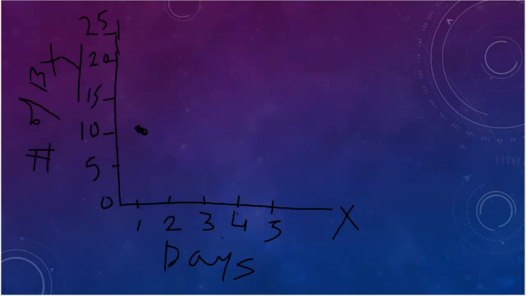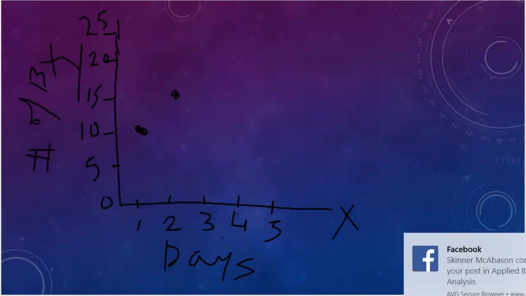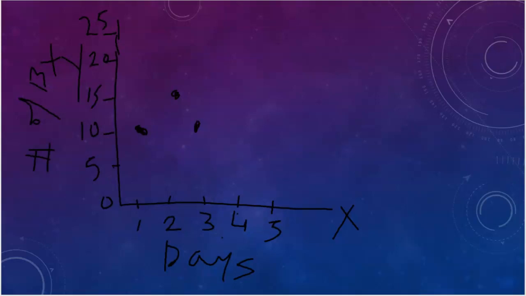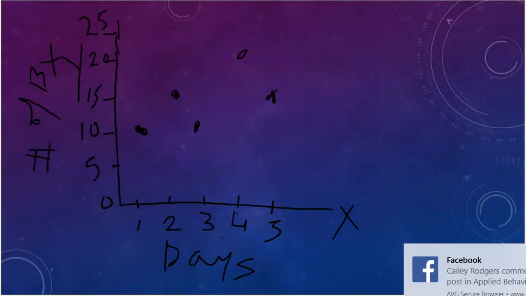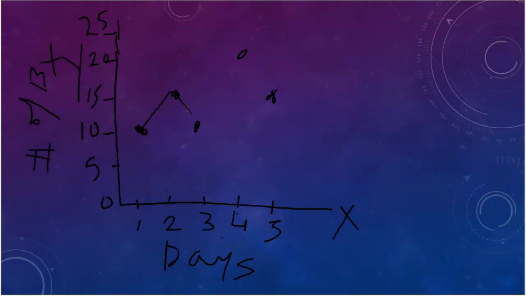And then day 2, you measured and it's 15 times. Day 3 is 10, day 4 maybe going up to 20, and then day 5, let's go back to 15. These are called data points. Now there's something called a data path. The data path is basically the line that connects the data points, like this.